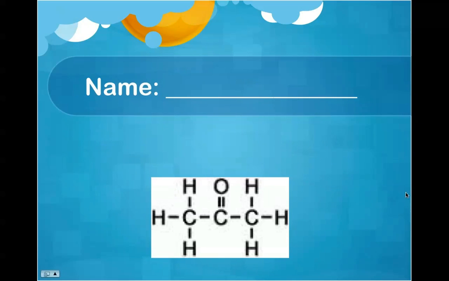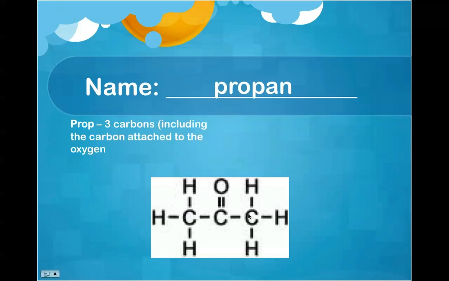All right, so here we have a diagram. We have 3 carbons. So that's going to give me the prop part. I have an aldehyde, or I'm sorry, I'm saying aldehyde, but I really mean ketone, because again, this double bonded oxygen is in the middle of a chain, which is telling me that I have a ketone.